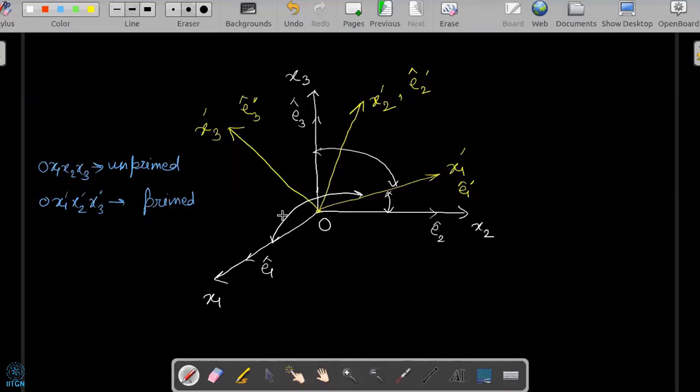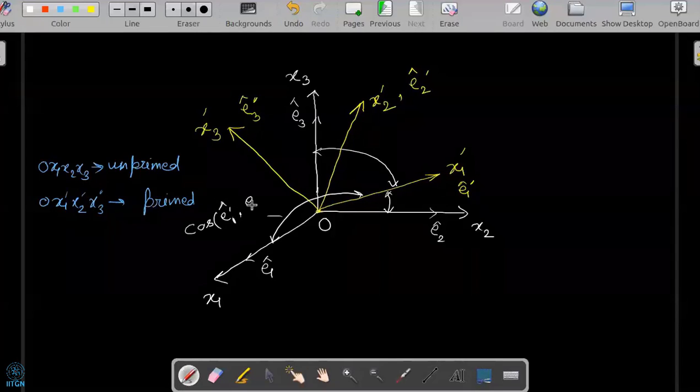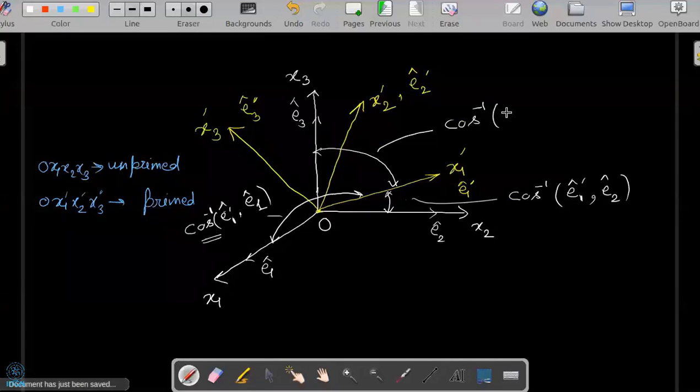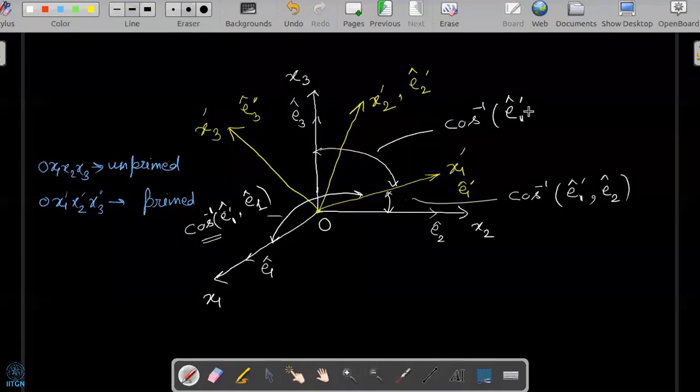So actually this is also a kind of directional cosine. We can establish the directional cosines here: cos of E1 dash cap with E1 cap. If you are talking about the angle, then you take the inverse: the angle is cos inverse of E1 dash cap with E2, and this angle is cos inverse of E1 dash cap with E3.